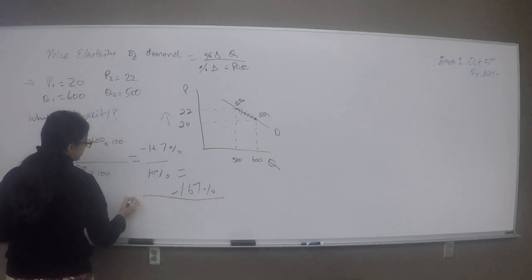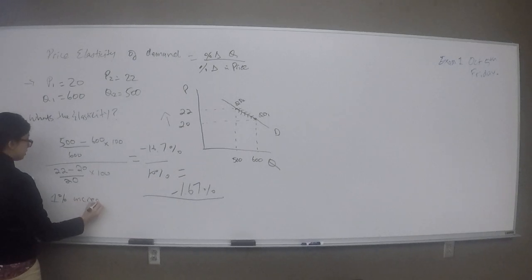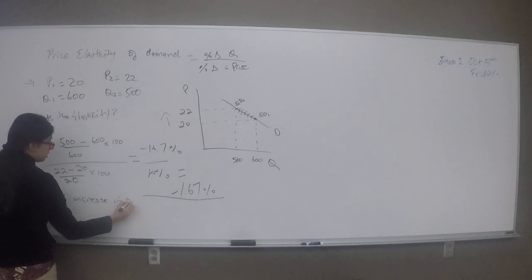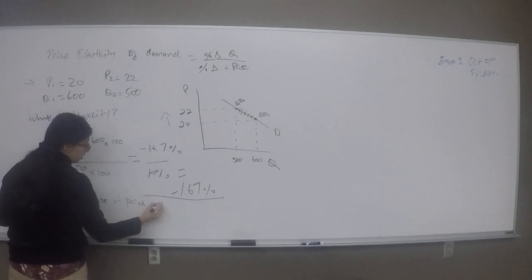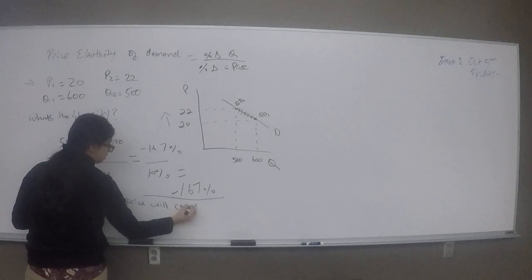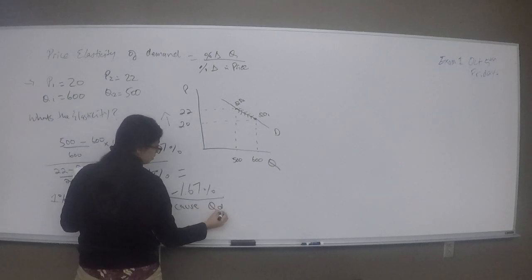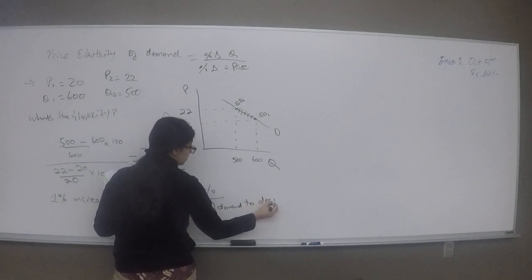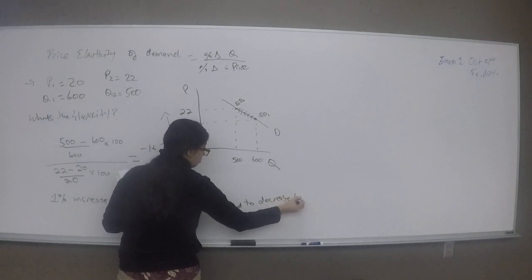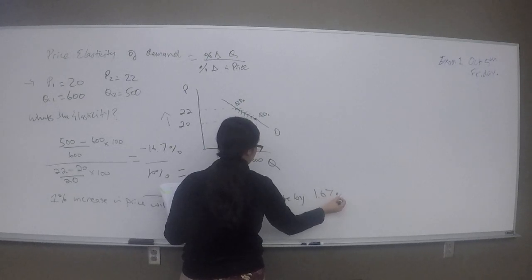What this means is a 1% increase in price will cause quantity demand to decrease by 1.67%.